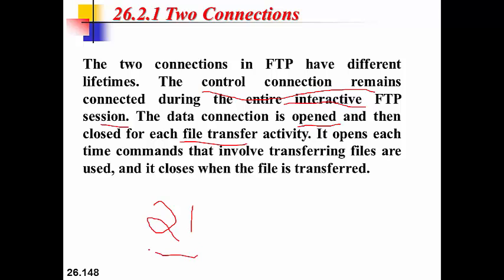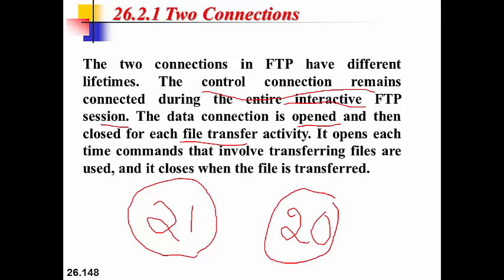This is for the control connection, a well-known port number, and port number 20 is used for the server data connection. This is allocated for the server process for the two different connections, and at the client level, it's an ephemeral port number which is established based on the request.